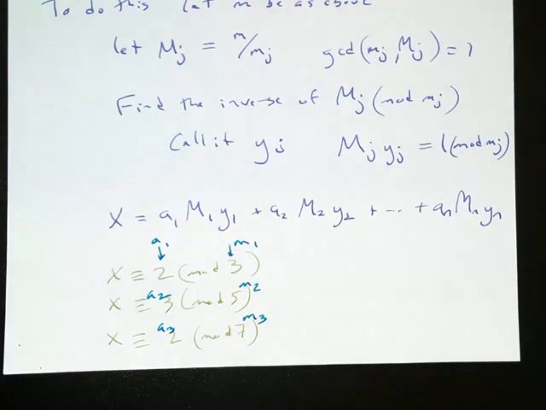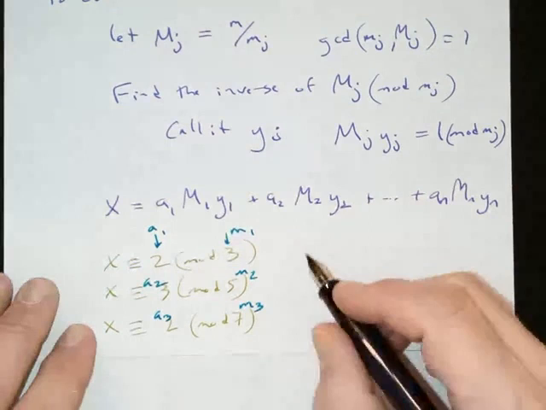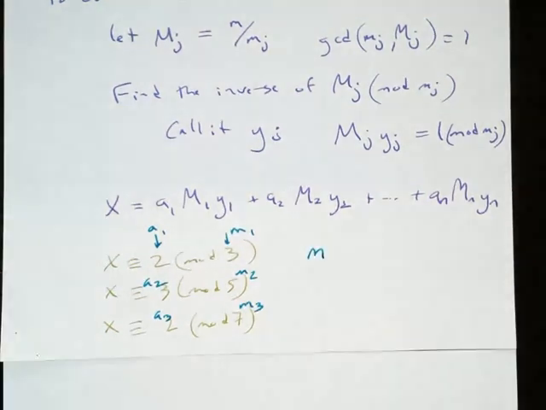So I have A1, A2, A3, and I have M1, M2, M3. What is little m? I wrote down a formula for little m. It's just off the top of the page at the moment.